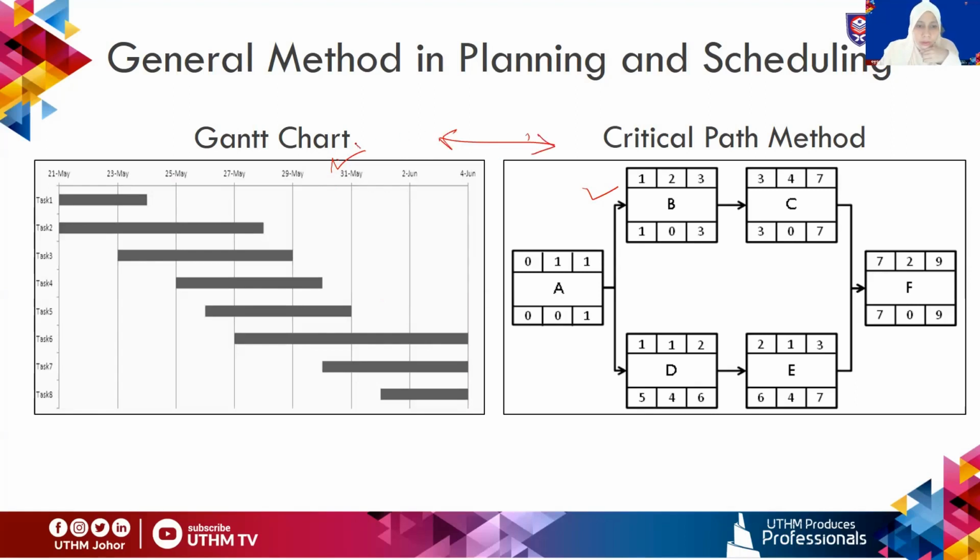It can view your Gantt chart, and at the same time it helps us to calculate all the values that are needed by using the critical path method. That is behind Microsoft Project.